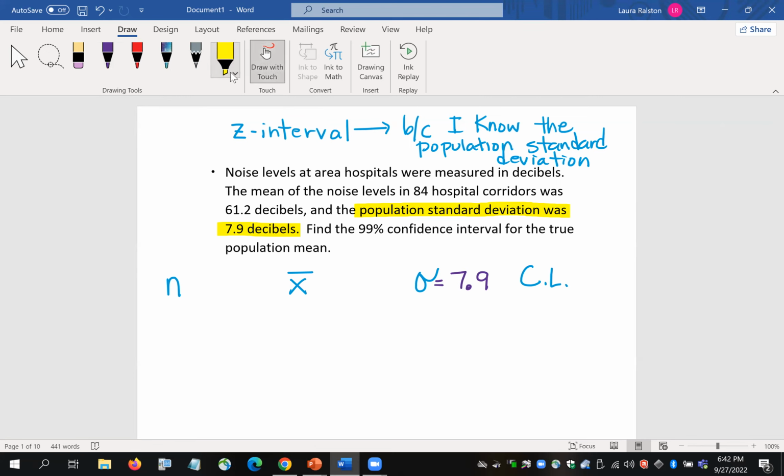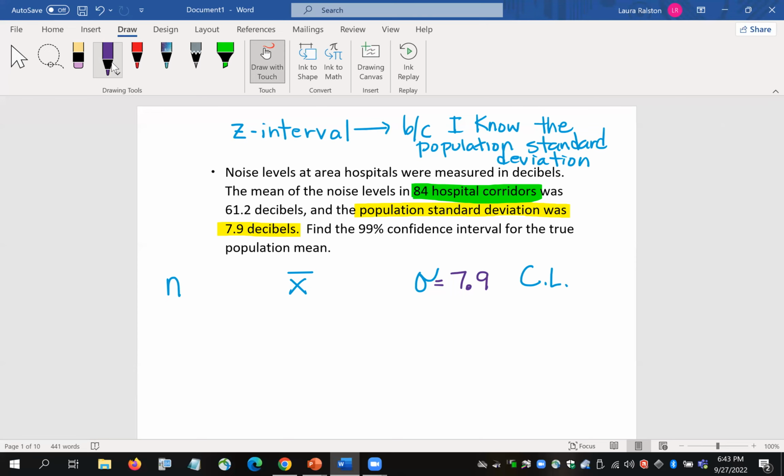If I go back and read, it says the mean of the noise levels in 84 hospital corridors. Now, I do notice it doesn't really say 84 randomly selected hospital corridors, but I'm going to assume that those corridors were randomly selected.